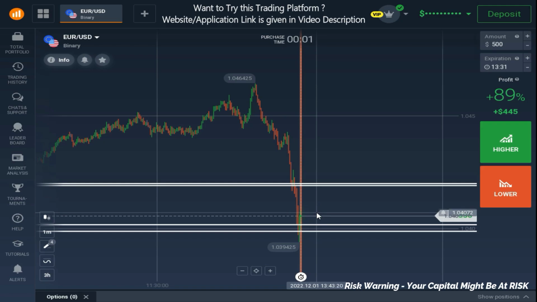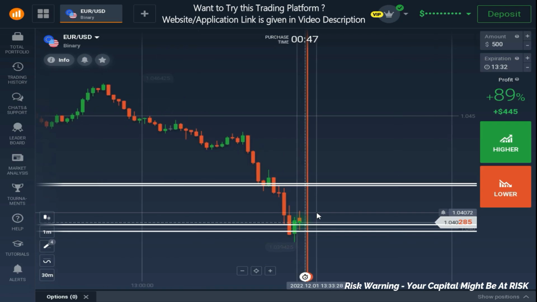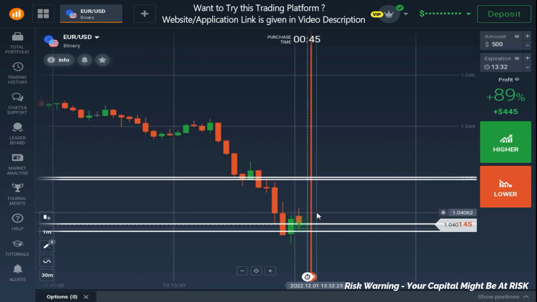I have lost $1,000, but I don't have to take it personally, because if I try to take revenge on the market, I'm going to lose more. It's better to stop trading right now. Although the setup is still the same, the market needs to reverse back.